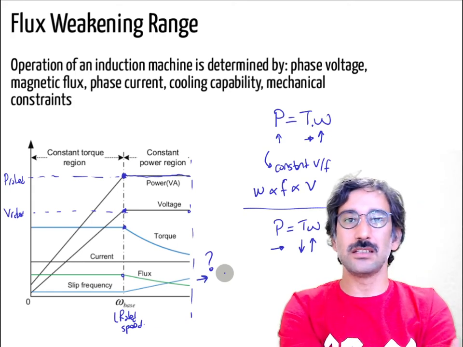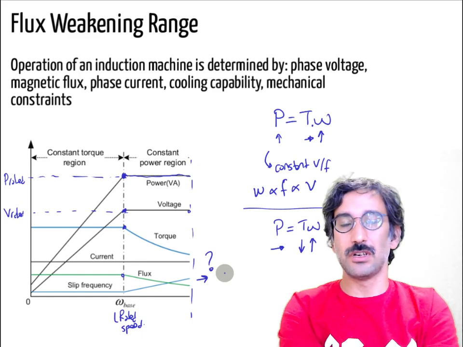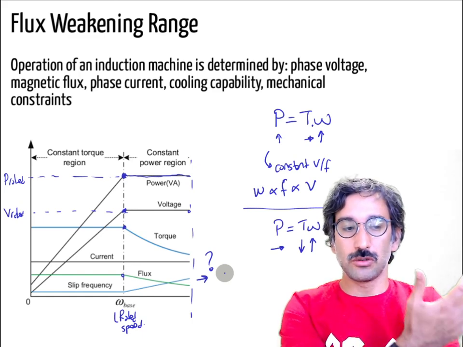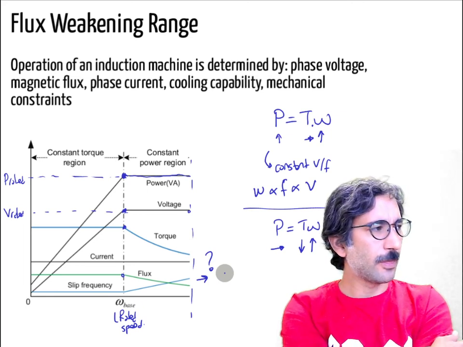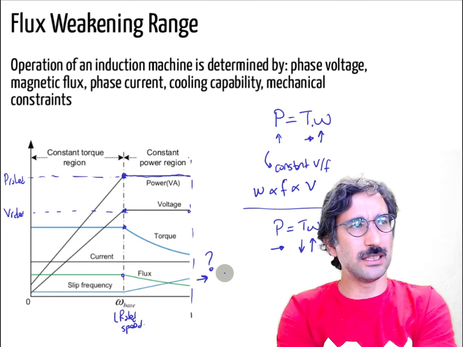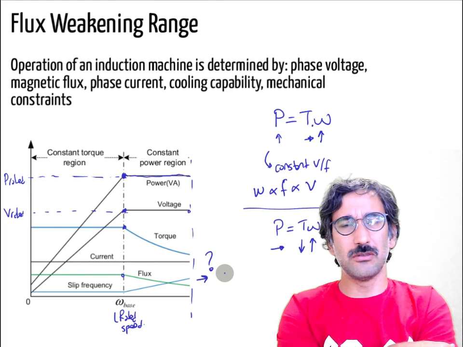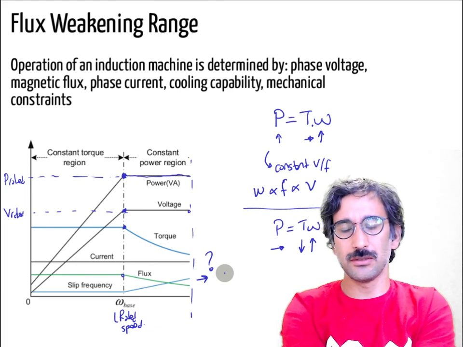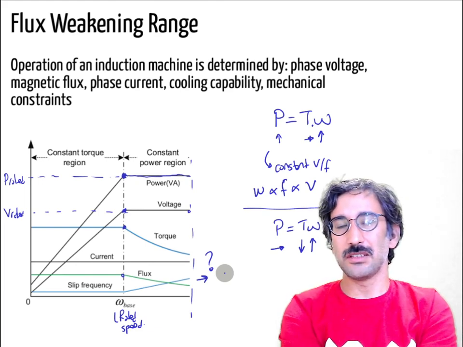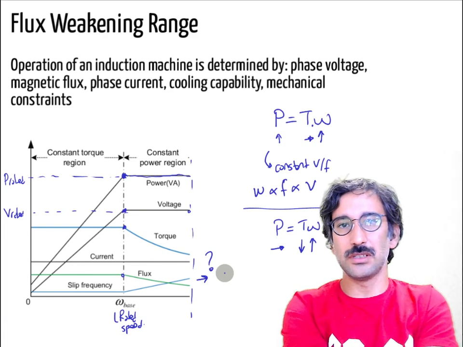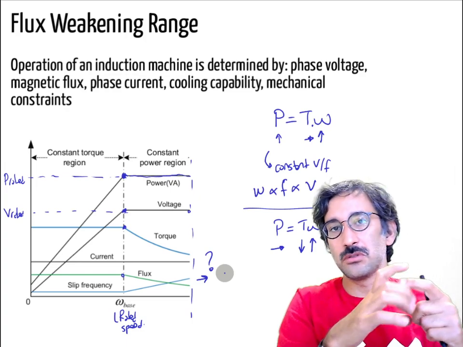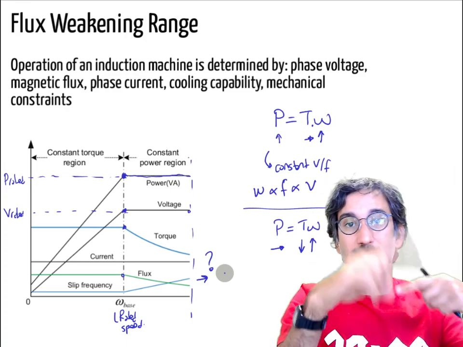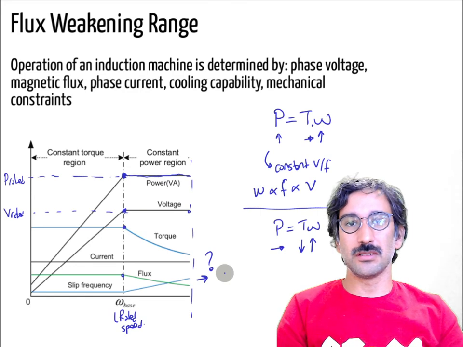In some cases, you can run the motor at quite high speeds. I think for the Model S Plaid, it was running over 20,000 RPM. Technically it can even go higher than that, but there can be mechanical constraints. You can have limitations in the bearings you use, and the centrifugal forces get really high once you are running at 20,000 RPM.